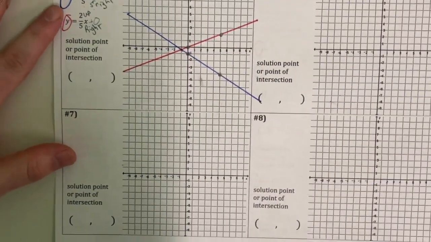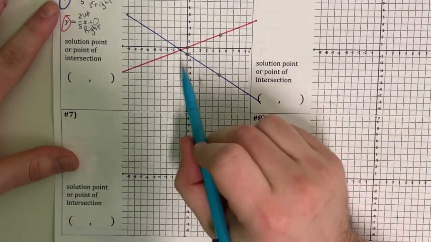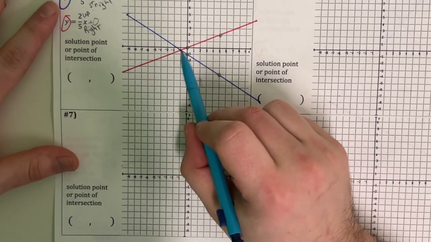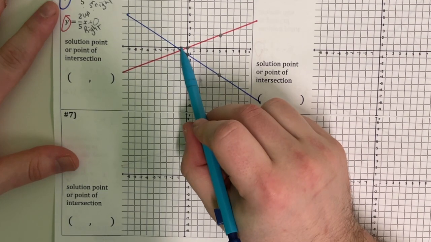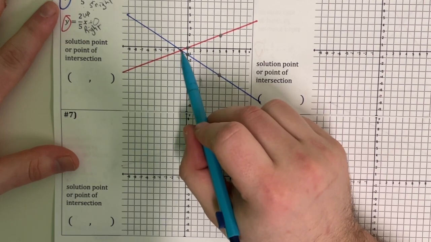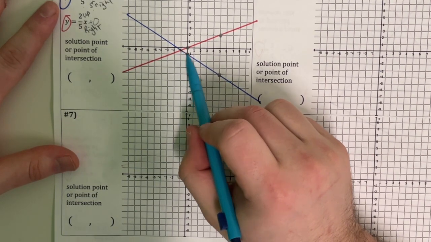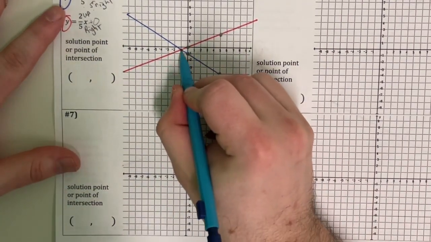So let's actually double check. Let's see, when x is negative 1, y is going to be negative 2 over 5. So it'd be, okay, right in the middle there.